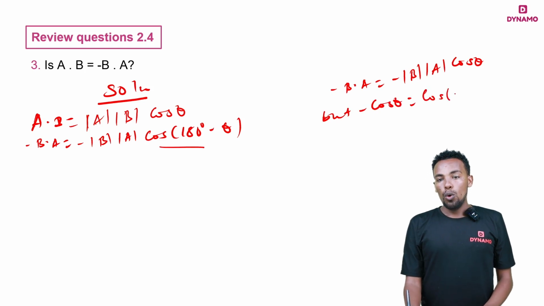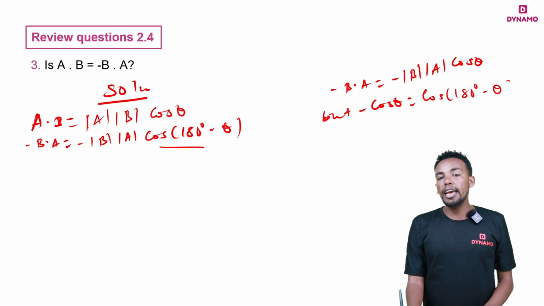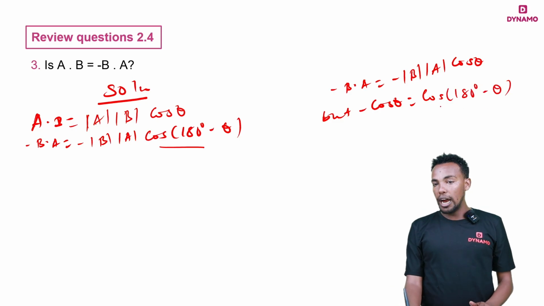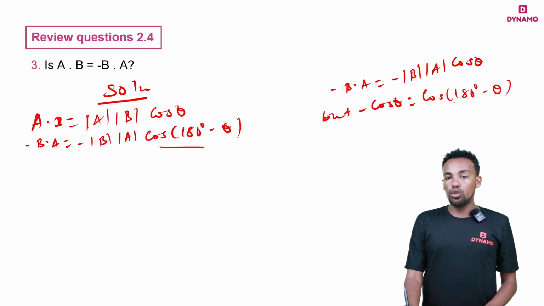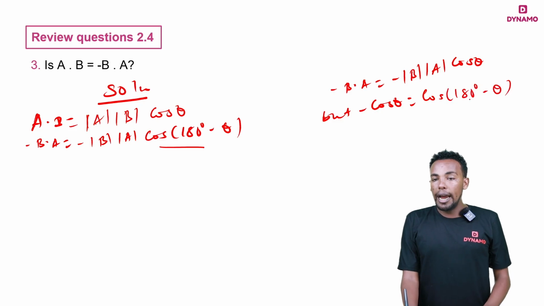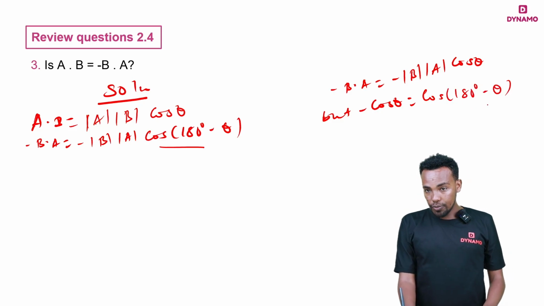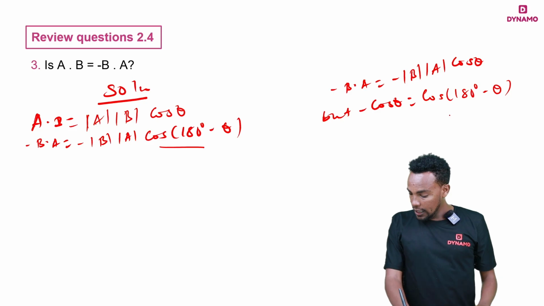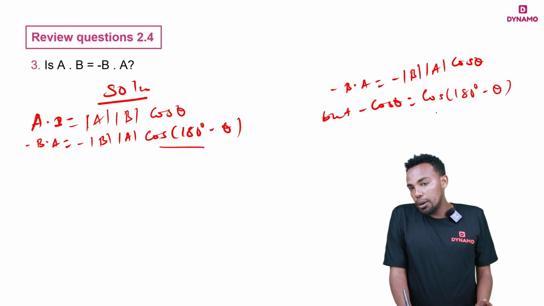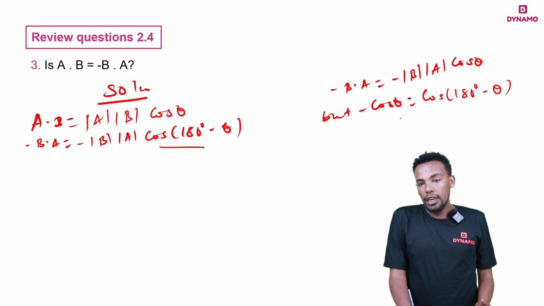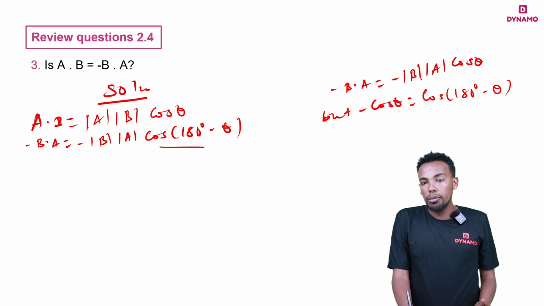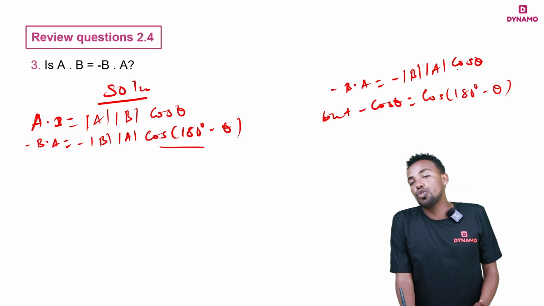Cos of what? 180 minus what? Theta jechuudha. Minus cos jechuun maaliif jennaan asitti kanatti hojjechuu dandeessu? Gaafa hojjettan minus cos theta jechuun asitti amma B magnitude B magnitude of A cos theta jechuun maal jechuudha? Kana bira minus cos theta jira jechuudha.